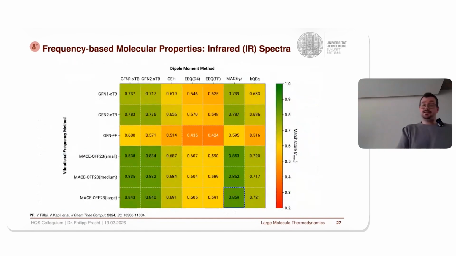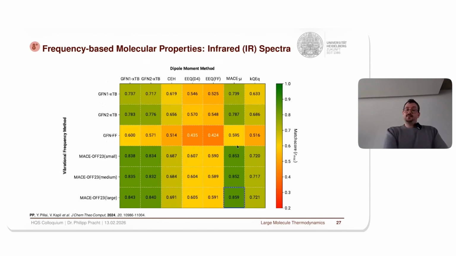And what came out of this study is basically this plot, where on the top we have different methods used for calculating the dipole derivatives. And on the left, we have the different methods used for frequency calculations. These MACE models are the different machine learning interatomic potentials, xTB methods here on top, and GFN-FF as the proxy force field.